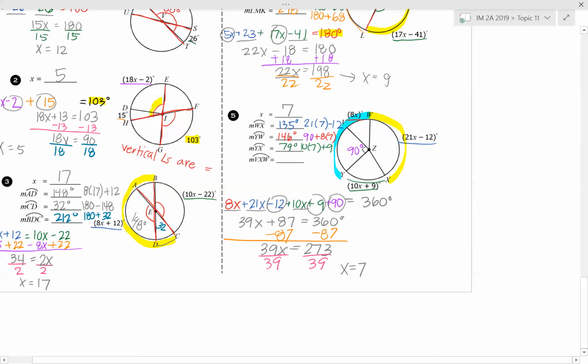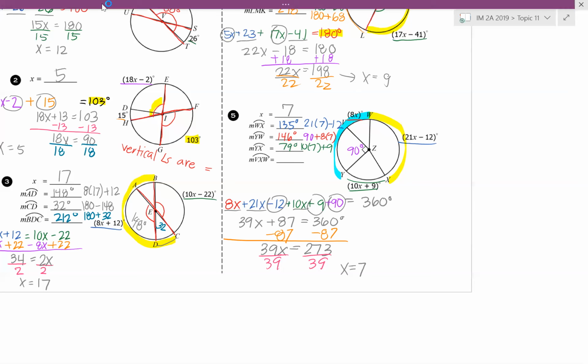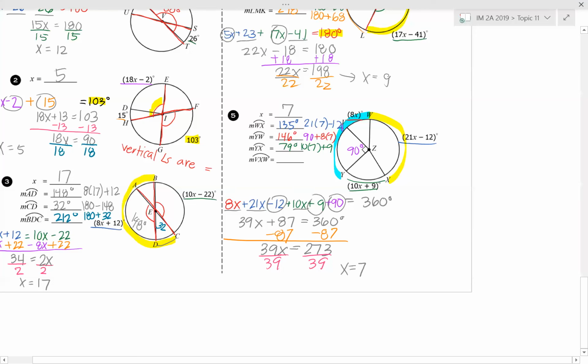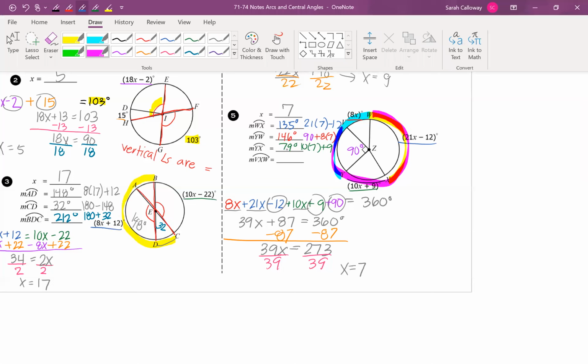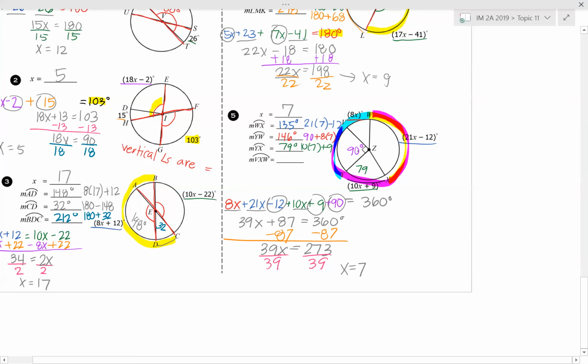And our final one is from V to W through X. So I'm starting at V, going towards X, and stopping at W. So I think the best way to do this one is just to add up all the pieces that we found, because we already know that the 10x plus 9 is 79, and we know that this one is 135.